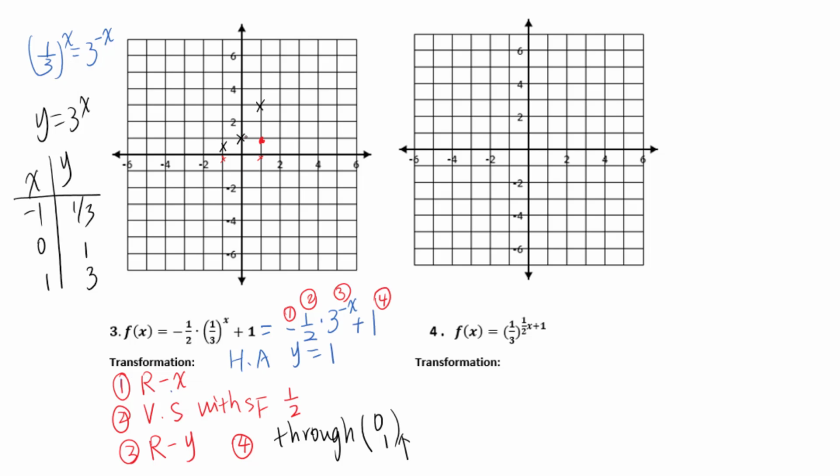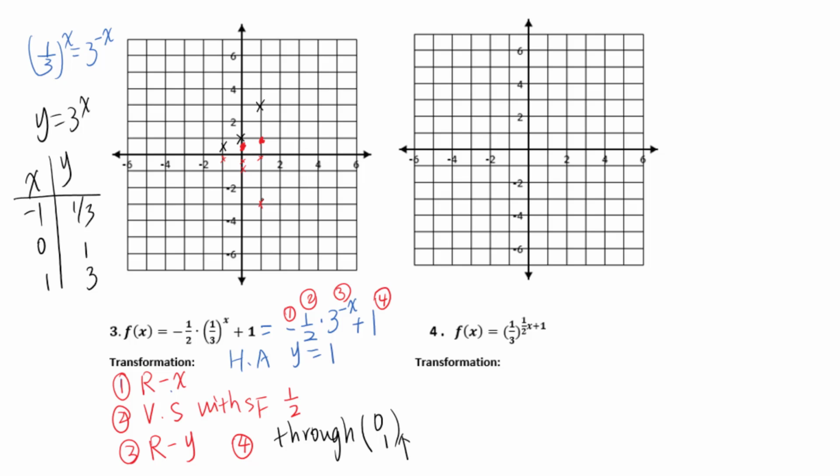For this point, reflect across the x-axis here. Vertical stretch with the scale factor 1/2 will be half of this. Then reflect across the y-axis, it stays. Go up 1, it is here. Let's go to this one. Reflect across the x-axis, go here.